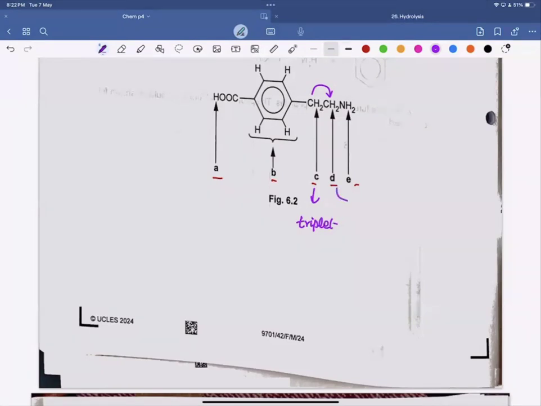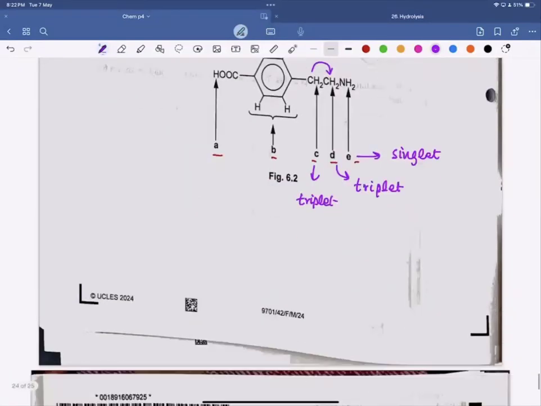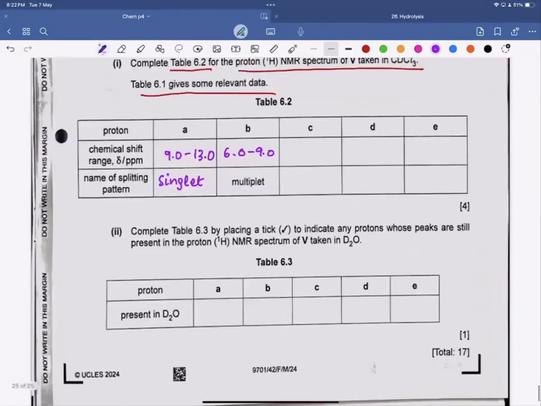And the signal for D is also going to be a triplet, because on one side it is bonded to a carbon and that carbon has two hydrogens, so 2 plus 1, triplet. And E is going to be a singlet because the hydrogens are bonded to a nitrogen only. So over here I will write triplet, triplet and singlet. Is this clear to all of you?